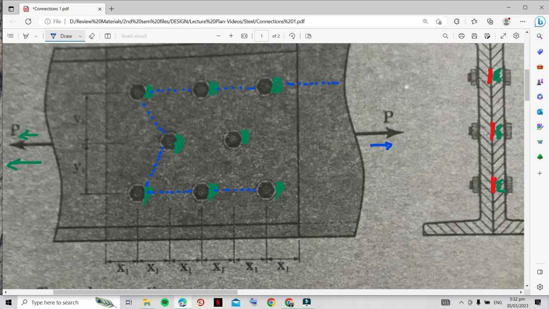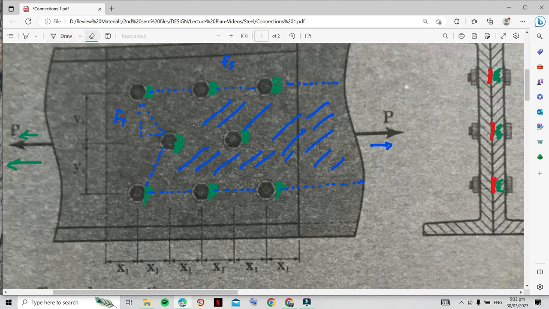So there are two stresses acting in block shear failure. As you pull force P in that direction, this area of the plate will be removed and the connection will fail. The first stress experienced by the plate is shear stress, and then this part will experience tension stress.